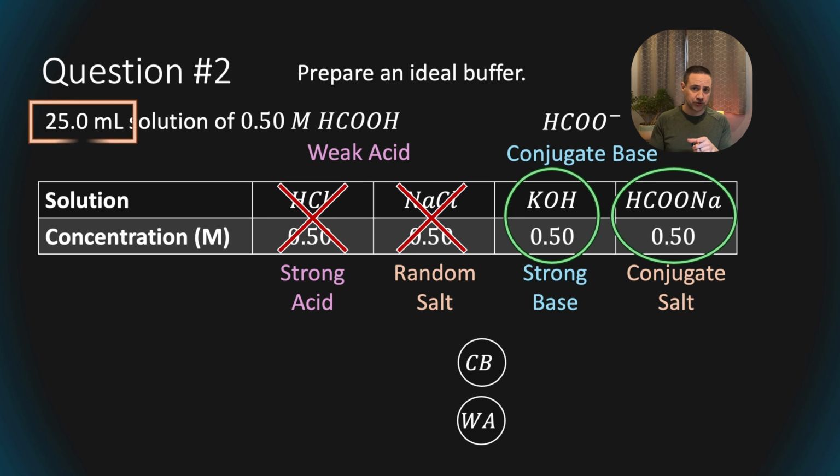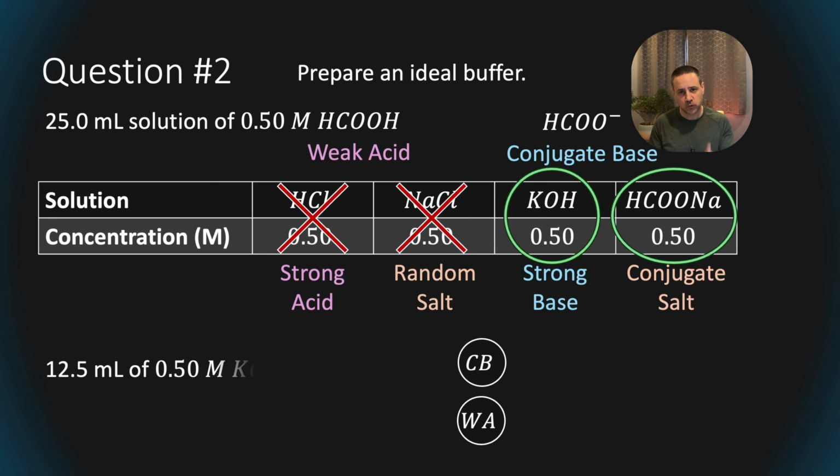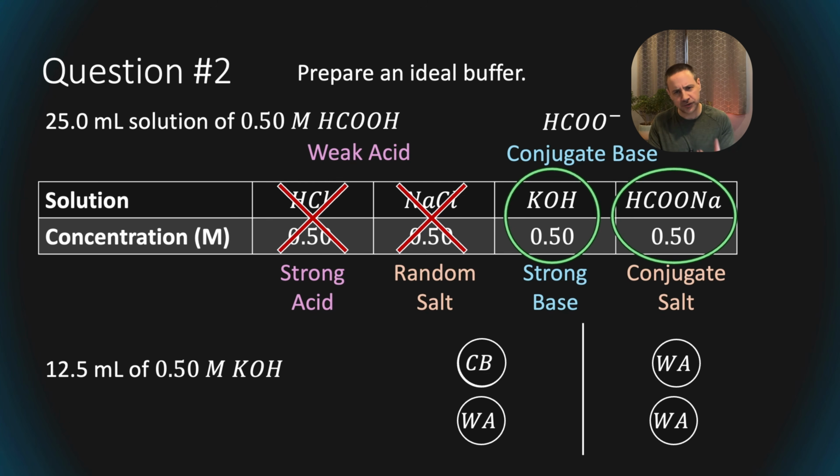The volume of the original weak acid was 25 milliliters. Half of that is going to be 12.5 milliliters. That's how much KOH I need. Now for the conjugate salt, this one works differently. So let's start over. I've got 2 representations of the weak acid itself. I'm not converting those into the conjugate base. I'm just dumping in the conjugate base.